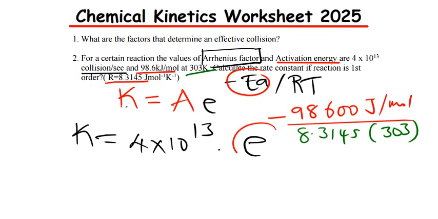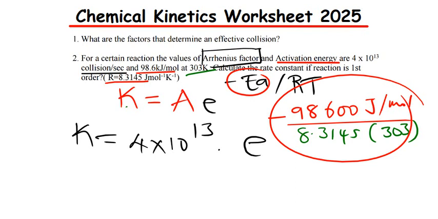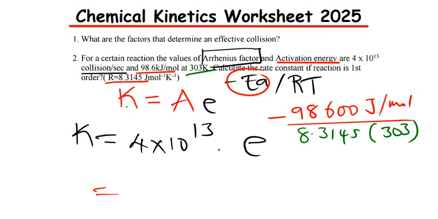So now you punch your exponential in the calculator, raise to the result that you're getting there, and then multiply by 4 times 10 to the power 13. Okay, so the answer I'm getting in my calculation, in exponential form, is 4.02 times 10 to the power negative 4. Okay, this is second negative.